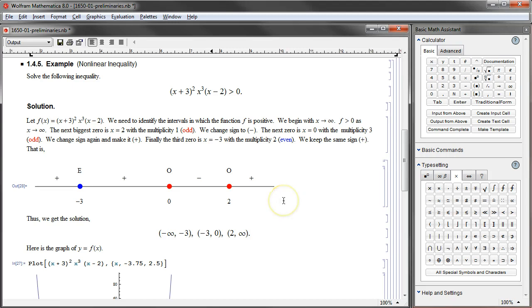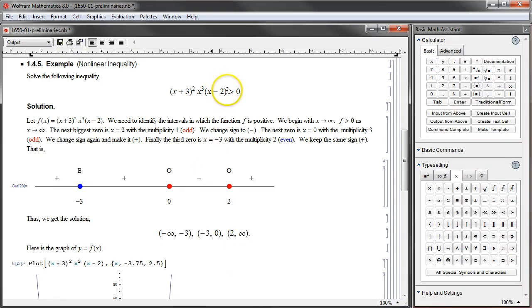Crossing odd multiplicity, we change signs, so the next interval is negative. Then cross again, crossing 0, odd multiplicity, we have a change of sign, so we have positive. And then crossing again to get the final interval on the left-hand side, we keep the same sign because we are crossing even multiplicity.